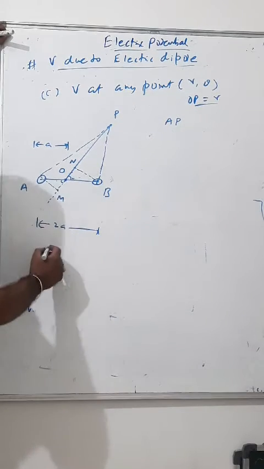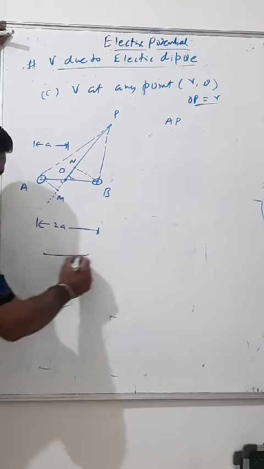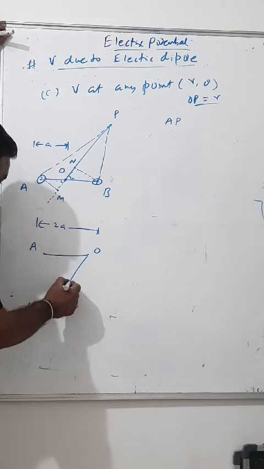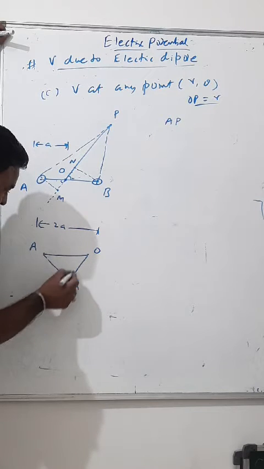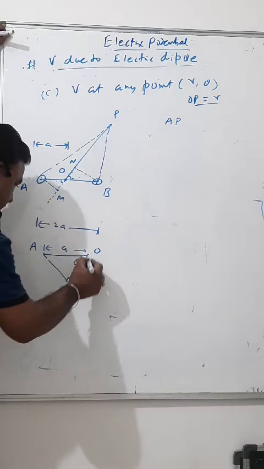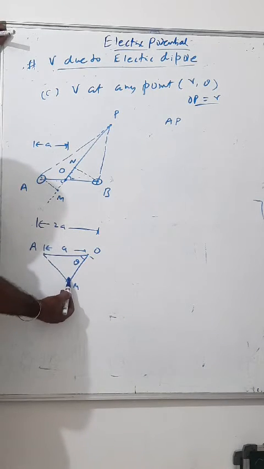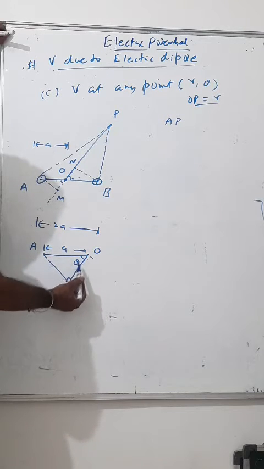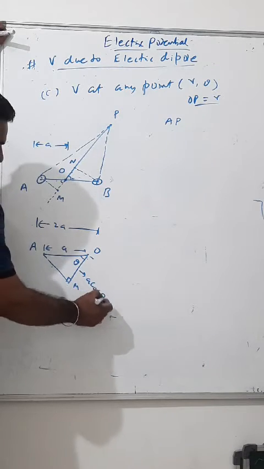Now here, this AM, this A, O, and this point M. Here I have drawn normal. This is theta. This is A. Now this distance, you can see clearly, before 90 is hypotenuse, before theta perpendicular, it is base. Now this distance is A cos theta.